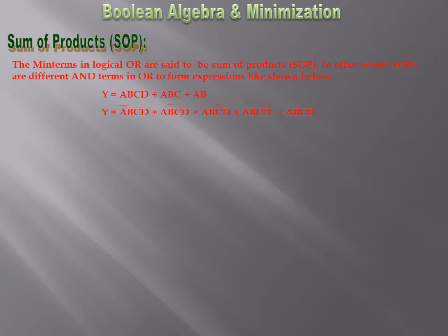Another term, Y equal to A naught BCD or A B naught CD or AB C naught D or ABCD naught or ABCD.